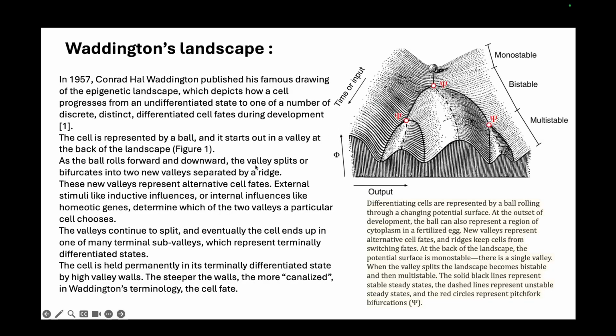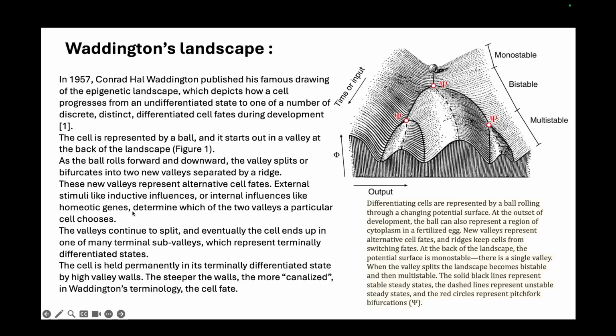So as the valley splits and bifurcates into 2 valleys separated by a ridge, these new valleys represent alternative cell fates. So as I was saying, a T helper cell can become a TH1 cell or a TH2 or a TH17 cell, depending on where the cell decides to go from this point, right?